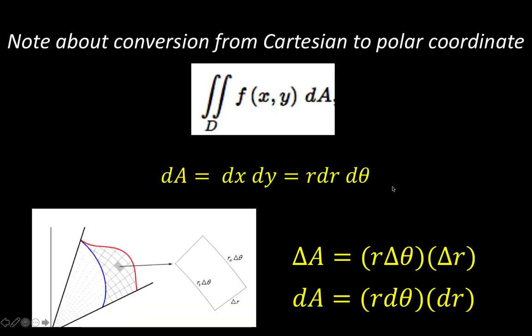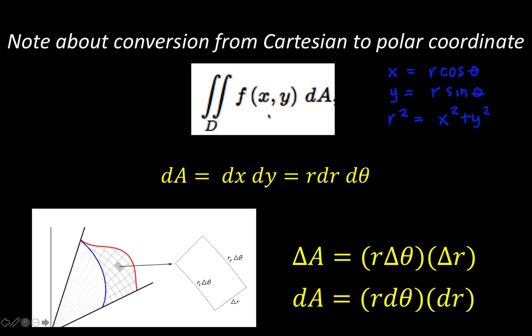Why is that so? If we recall our polar coordinate system, the x coordinate is replaced by r cosine of theta, and the y coordinate is replaced by r sine of theta, and our radius squared is equal to x squared plus y squared, applying the Pythagorean theorem.